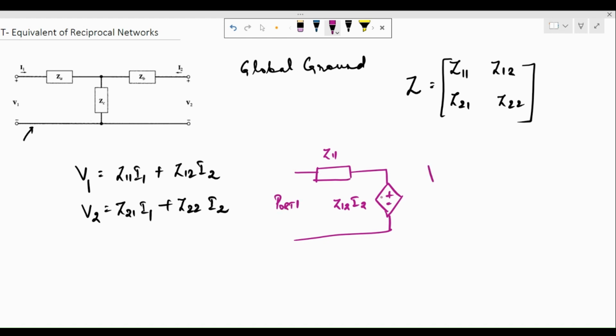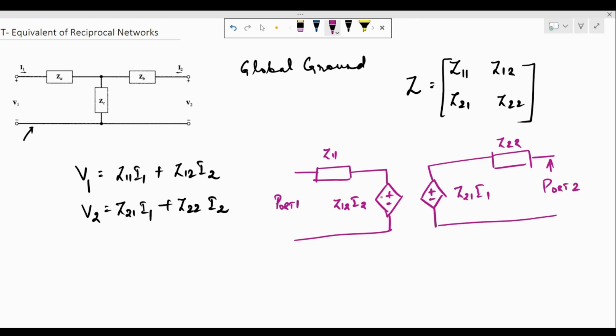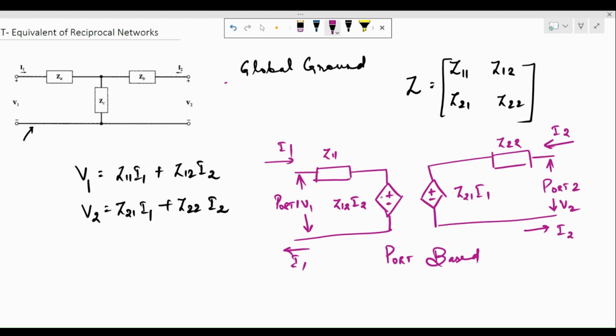On port 2 again, this would be Z21 I1, and this is going to be Z22 for port 2, where the voltage here is V2, the current entering here is I2, coming out from here is also I2, current entering here is I1, coming out is I1, and the voltage here is V1. So this is the port based representation, whereas this is the global ground representation as shown over here.